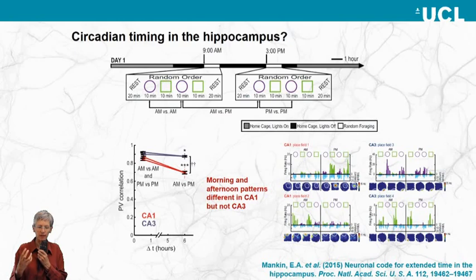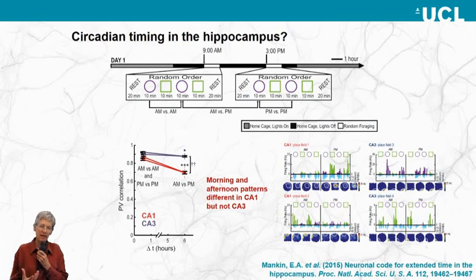What they found was that when they compared the patterns in the morning and the afternoon, the patterns were different in CA1 but not in CA3. And then the patterns of successive mornings would be more similar to each other again. So there seemed to be a sort of turnover in the CA1 but not in the CA3 population.